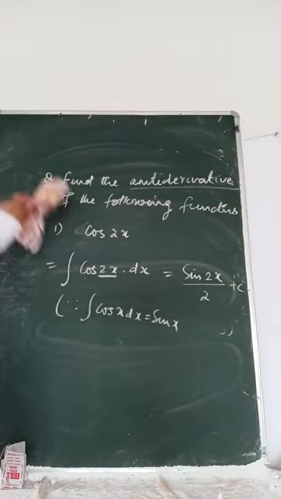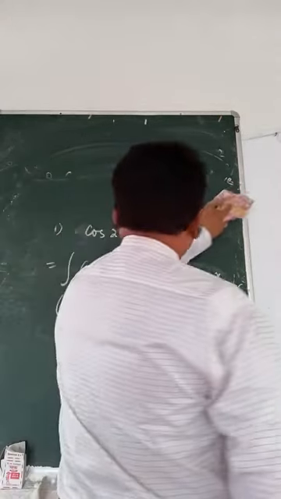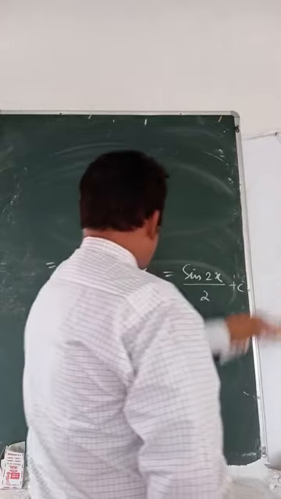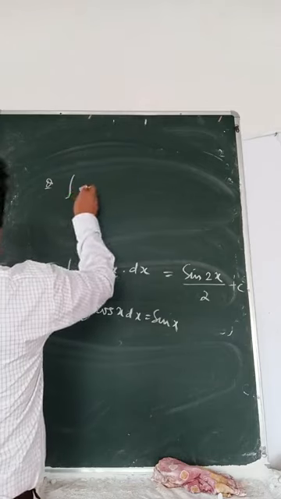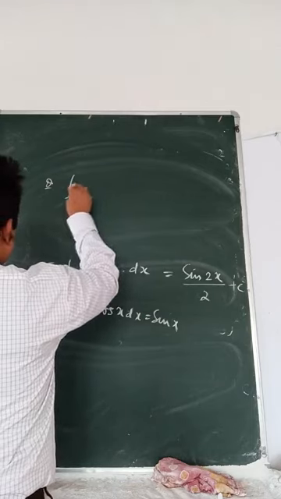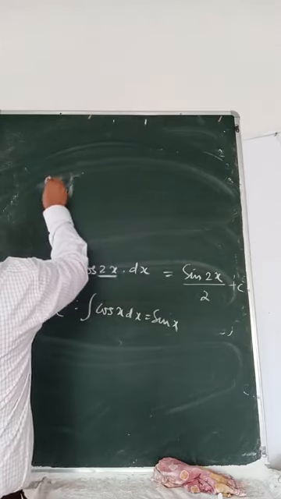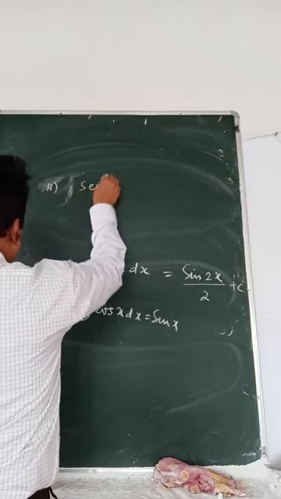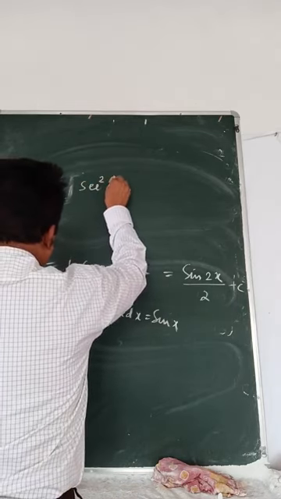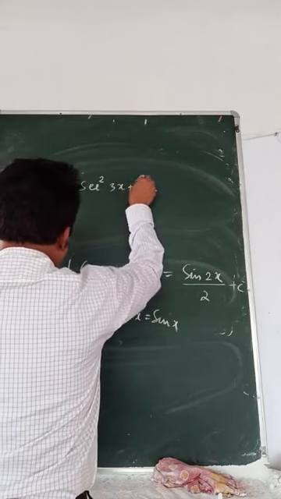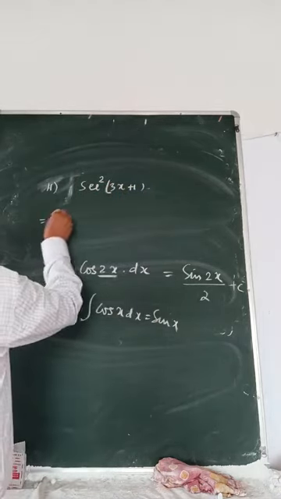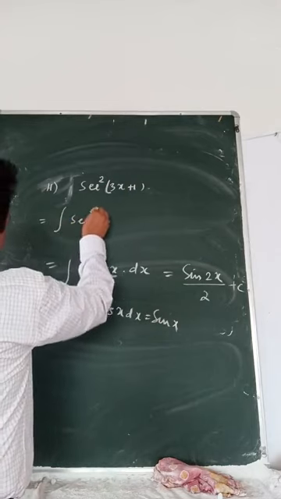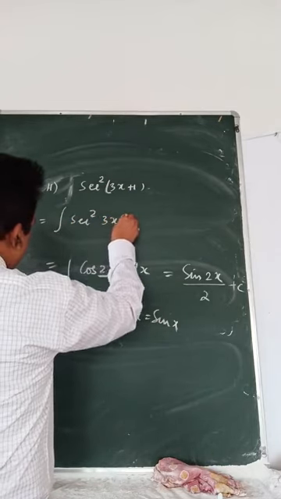Okay. See again, just one more question. Suppose second part of the question, sec square (3x plus 1). It means you need to find integration of sec square (3x plus 1).